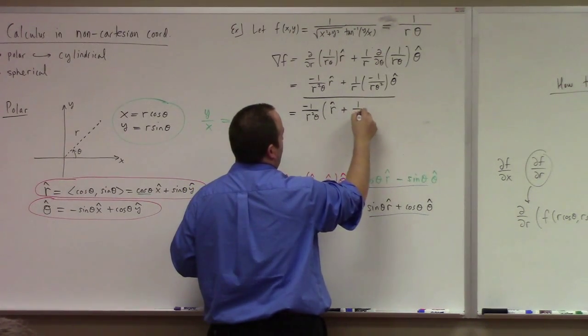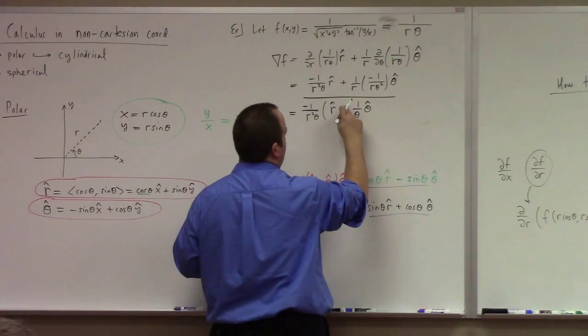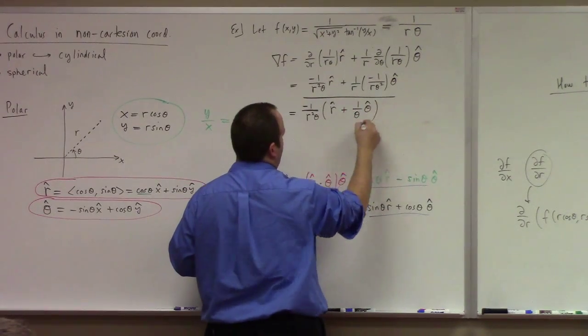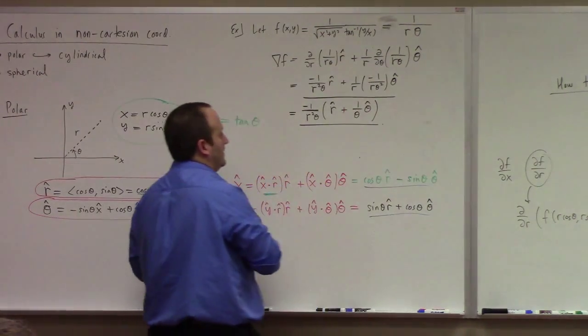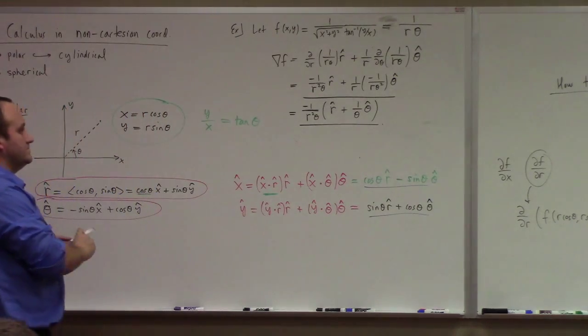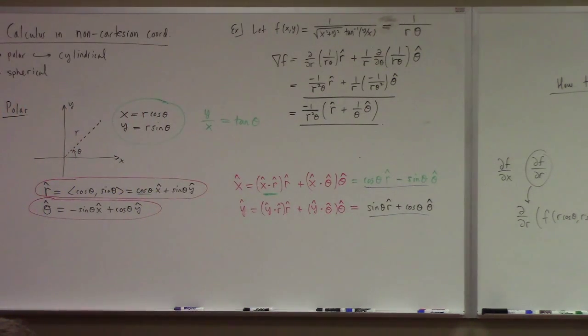Plus 1 over theta hat, I suppose. If we had done this in Cartesian coordinates, we'd still be differentiating. And we probably would have gotten it wrong. And while this is still a complicated example, you at least have some hope of analyzing it with this formula, right?